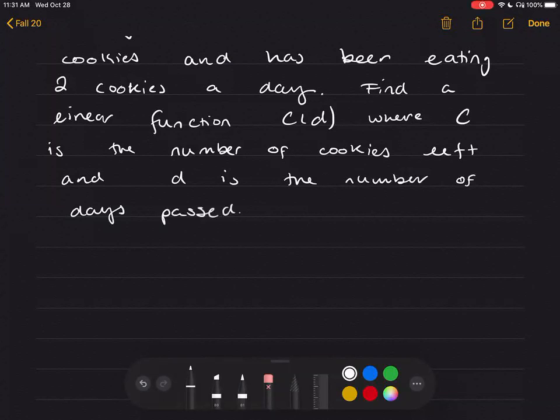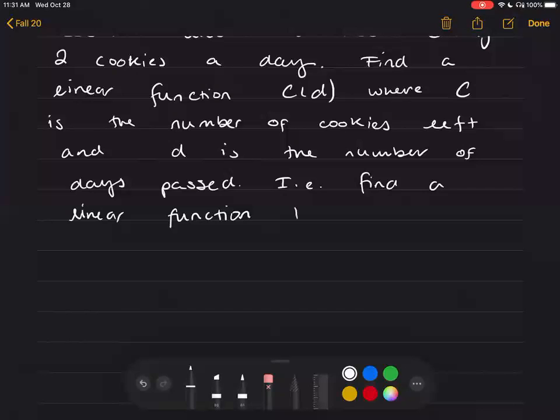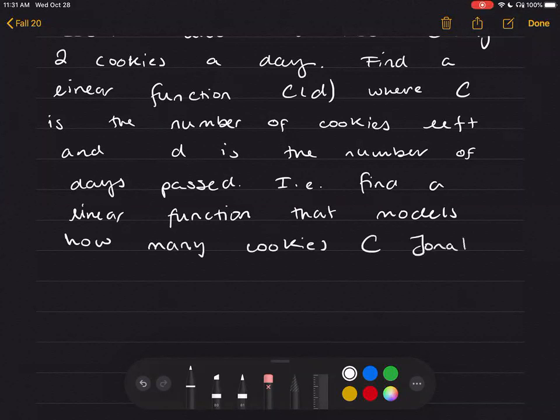So if I were to write this out as a word problem, I'd probably say find a linear function, i.e. that models how many cookies C Jonathan has after D days.